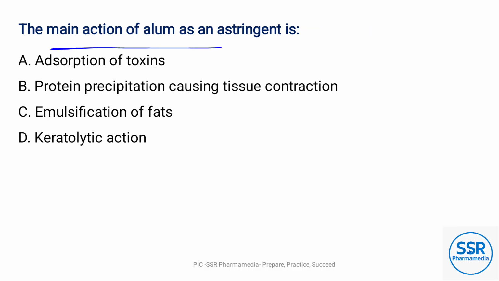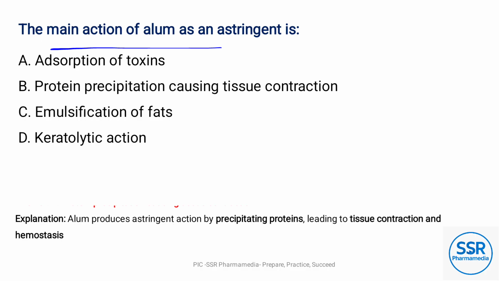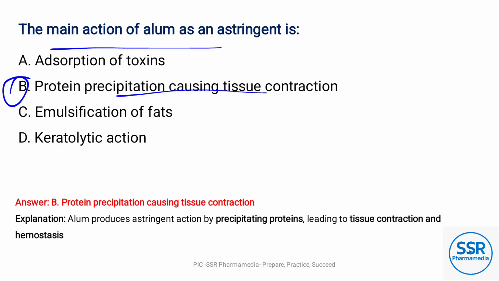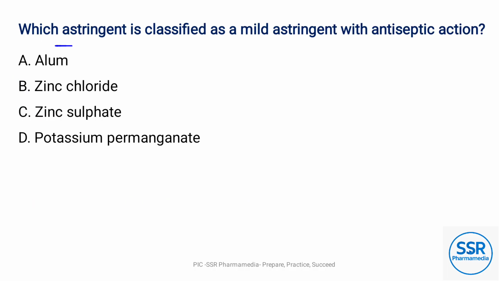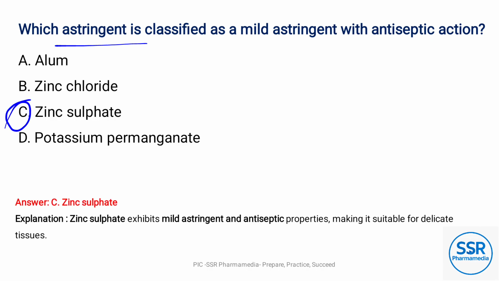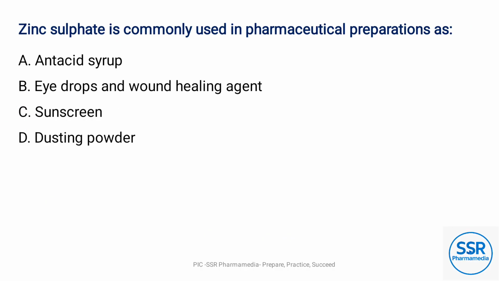The main action of alum as an astringent is, option B, protein precipitation causing tissue contraction. Which astringent is classified as a mild astringent with antiseptic action? So option C, zinc sulfate has a mild antiseptic property.